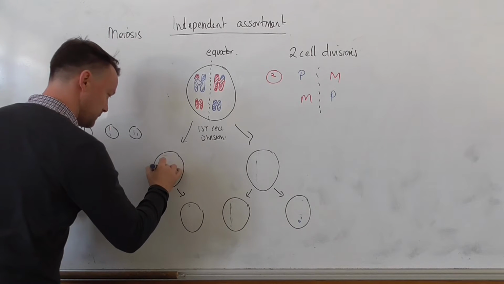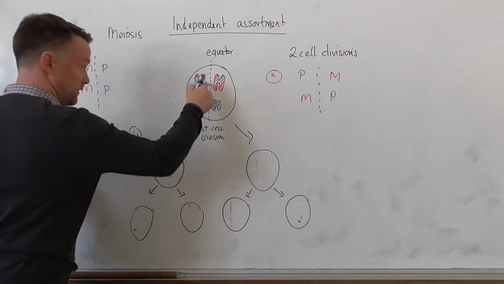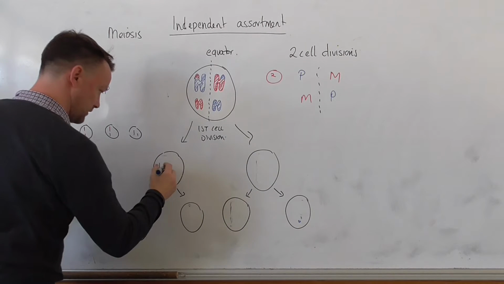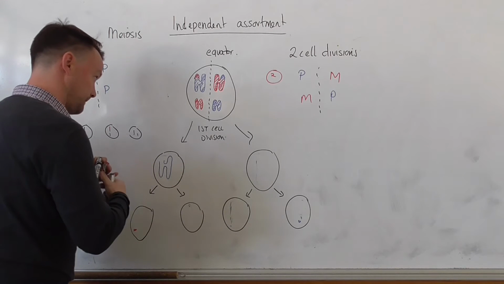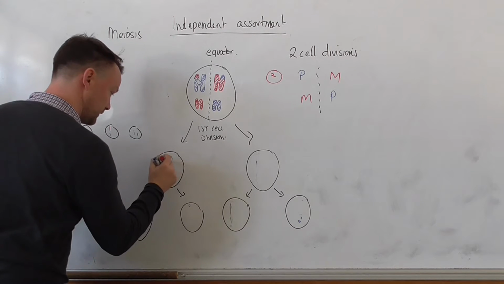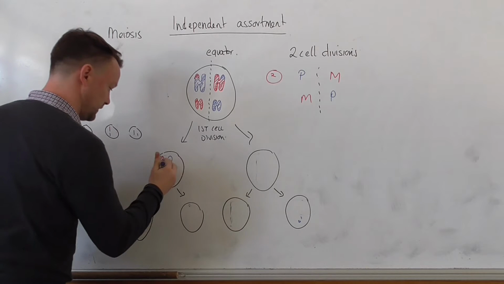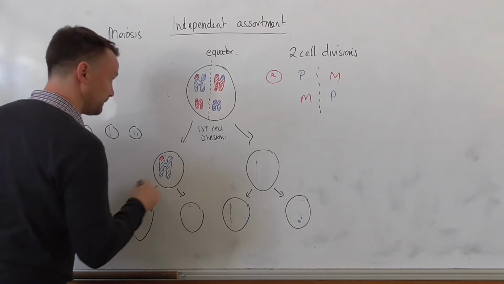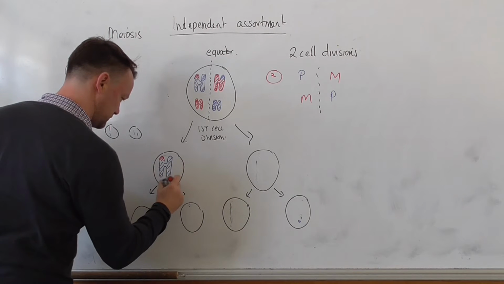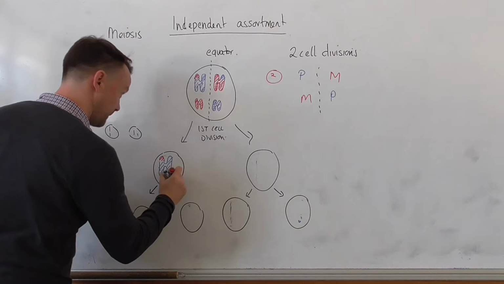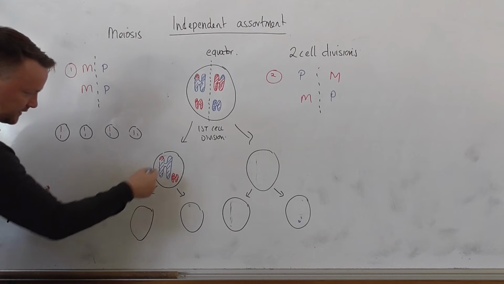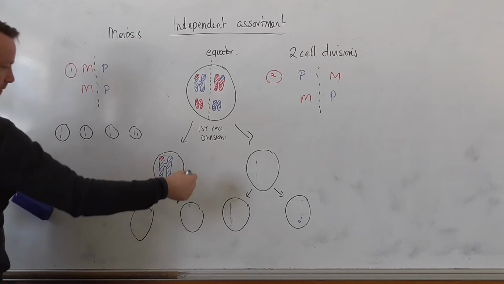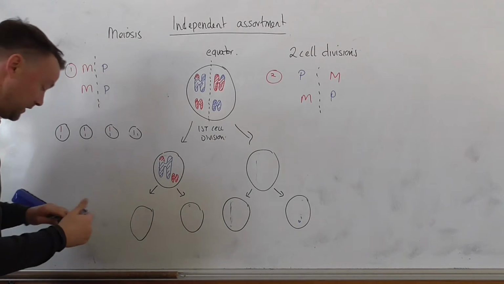So in here, this side goes over here, like that. A bit too big, that's alright, I'll fit it in. And this side here. Okay. And then this divides again with the left-hand side of each homologous pair going to the left-hand side gamete here.